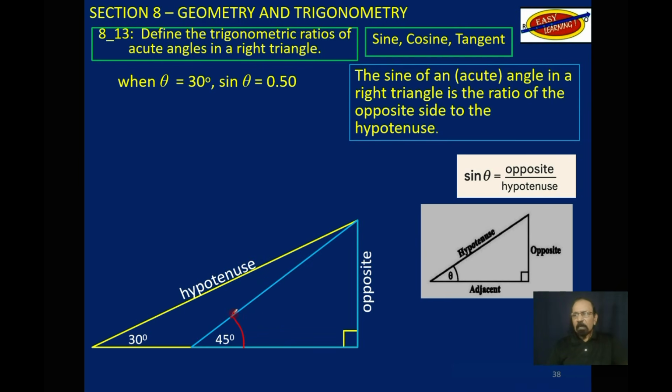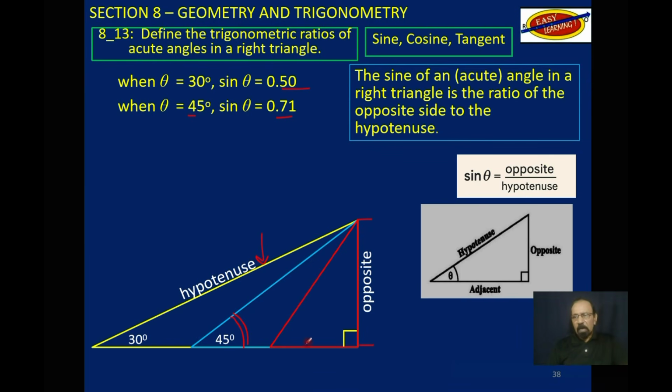So if you find the sine of 45, which would be the ratio of the opposite to the hypotenuse, you will get a larger ratio because the hypotenuse is smaller. You will get 0.71, which means that this opposite is now 0.71 of whatever this hypotenuse is. It is much more than that 0.5 for that hypotenuse at 30 degrees.